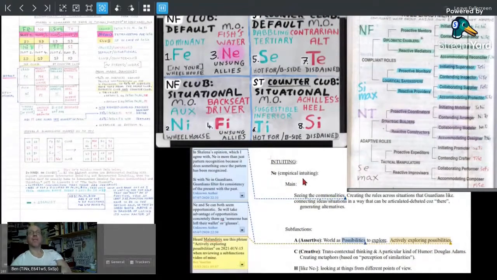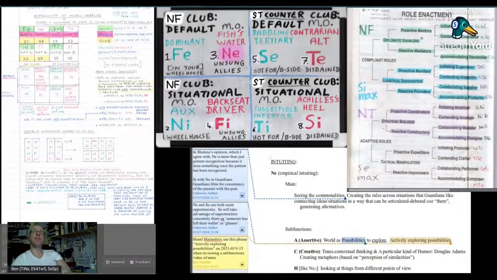Right, so NE. I've got two names for this position: fish in water and modest servant. Fish in water, as in the expression, the fish doesn't know it's wet because it swims in water all the while. The ENFJ fish doesn't know it's wet with NE.